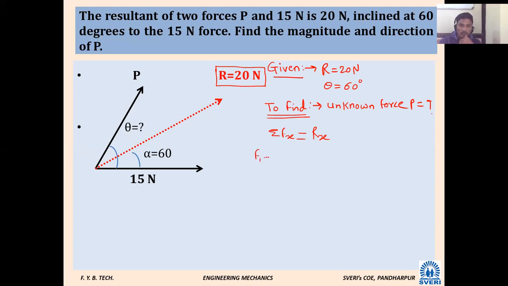We are just adding F1 plus F2 plus F3 plus F4 and finally we are getting R. If we take the x component of all these forces, then for this also we take the x component, that is Rx. I have given the name Rx.